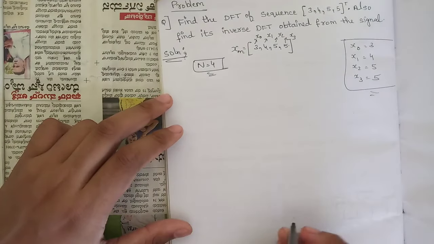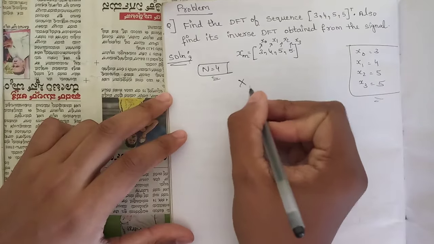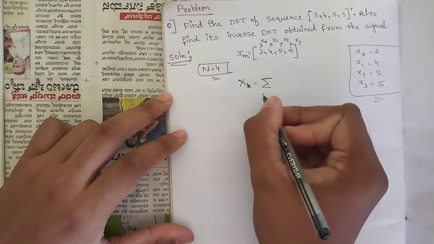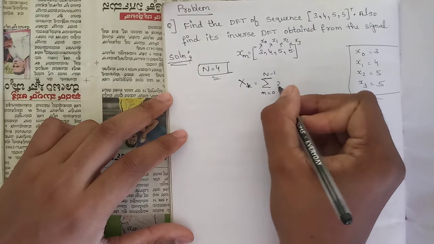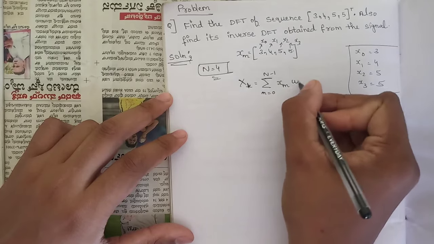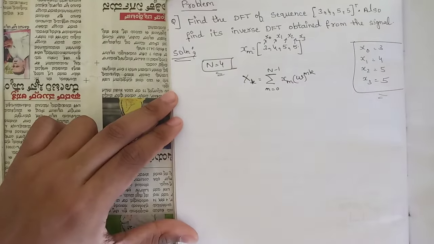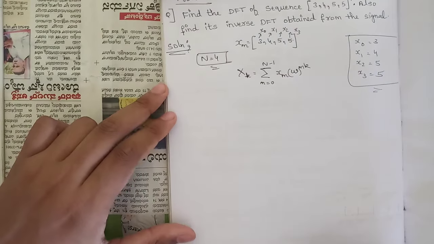Now the formula given to find the DFT, we know, is capital Xk equal to the summation for n from 0 to n minus 1 of xn into omega to the power nk, right? First we need to find the value of omega, okay?